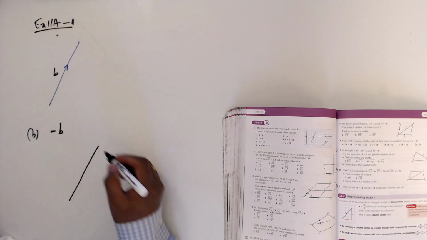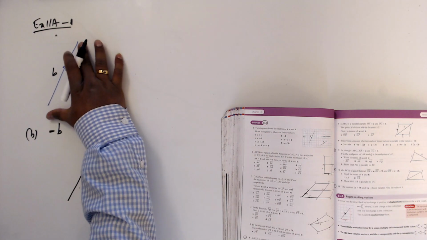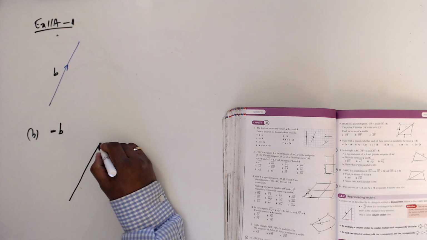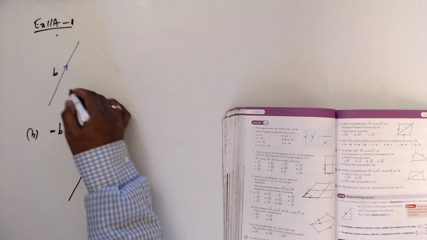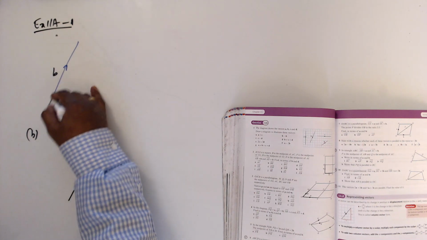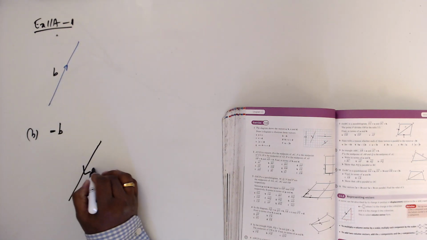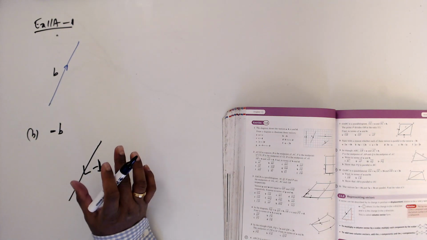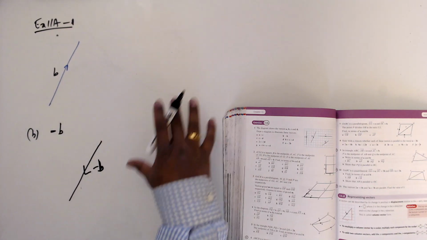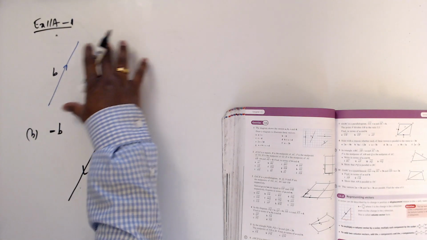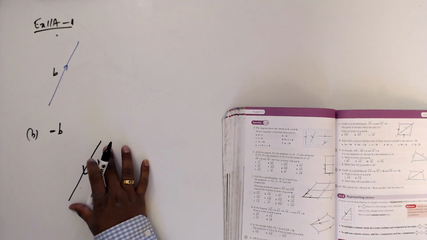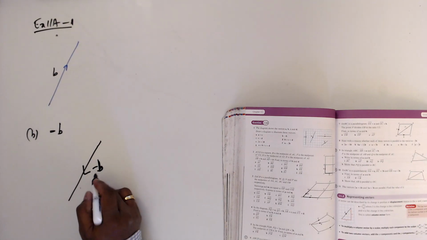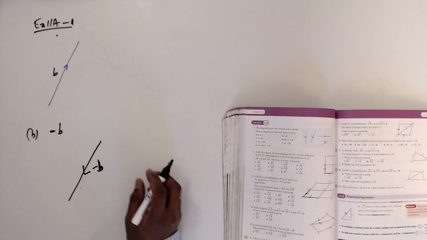Yeah, those two are parallel, and the length, yes, same length. Now I need minus B. So B is this direction, then minus B is the opposite direction. The important thing is you can take minus B anywhere, but it has to be the same length and the opposite direction to become minus B.